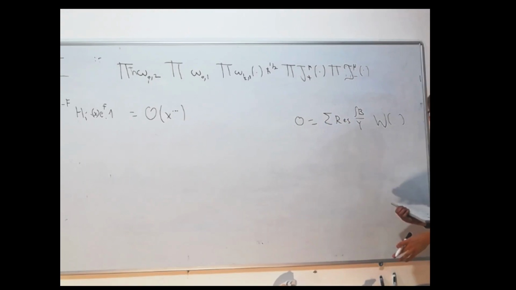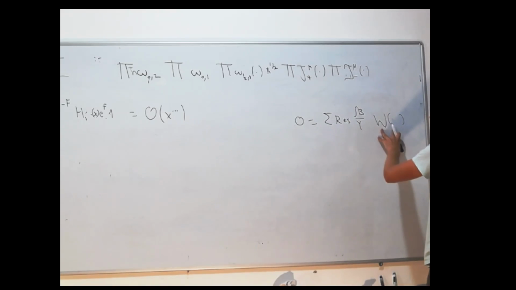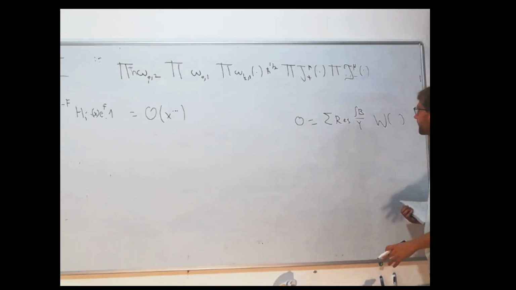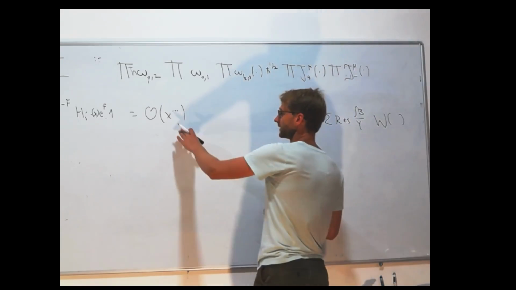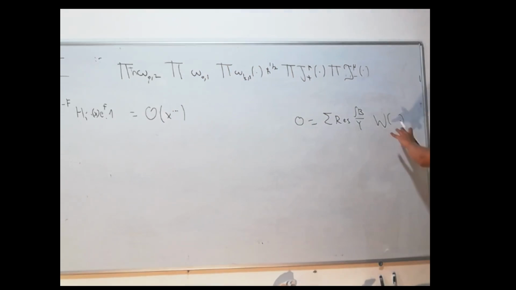This had to be 0. I claimed that one way of doing that was checking the order of vanishing of y, and then ensuring that this complicated thing also had the right vanishing order. That's what we're working towards. So this vanishing order is going to have something to do with the vanishing order on this side.